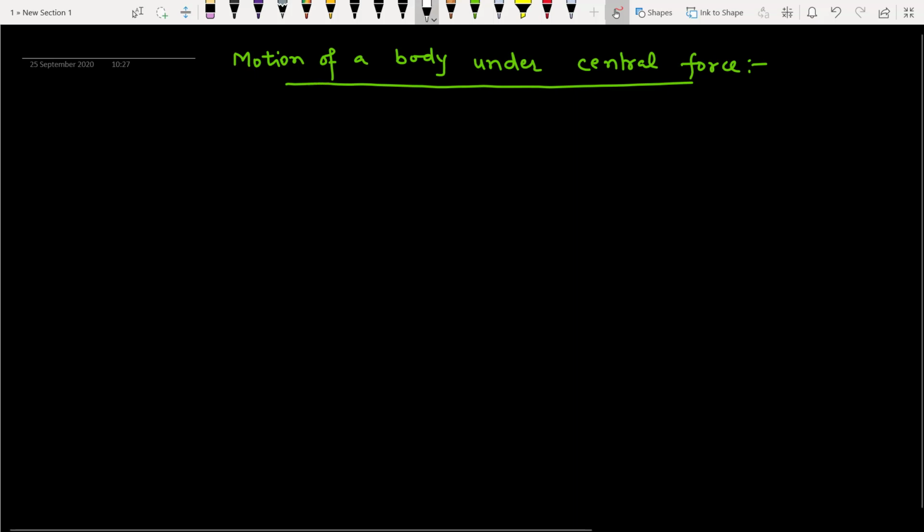So here we will include those concepts which have been discussed in our previous lectures, reduction of two body problem to one body problem.